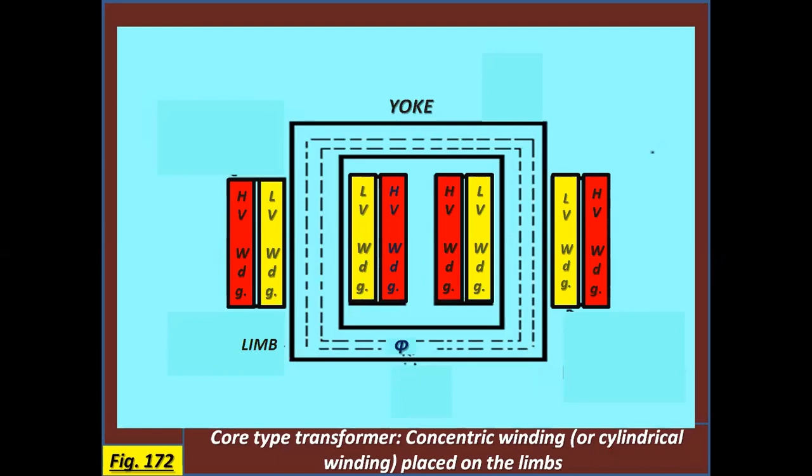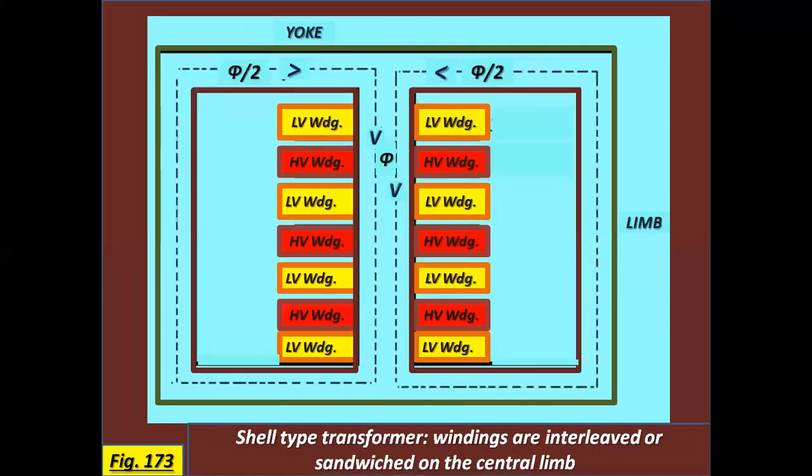See the core type transformer configuration: concentric winding or cylindrical winding placed on the limbs. Shell type transformer windings are interleaved or sandwiched on the central limb.